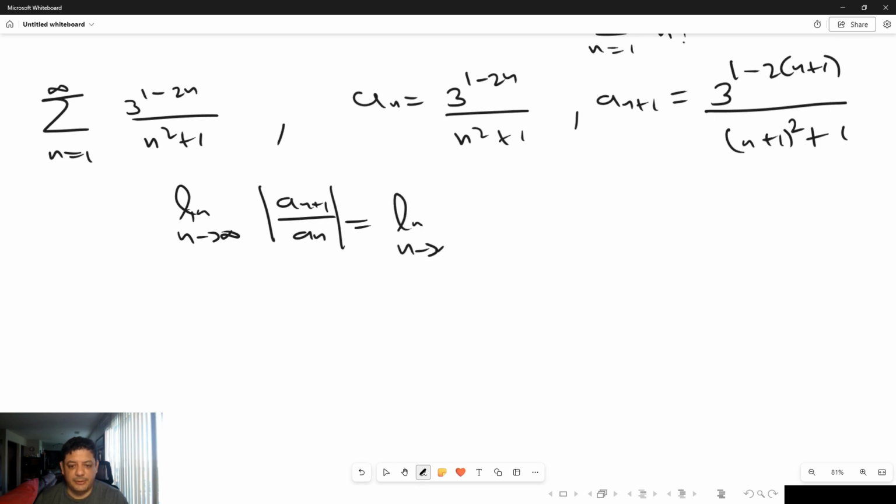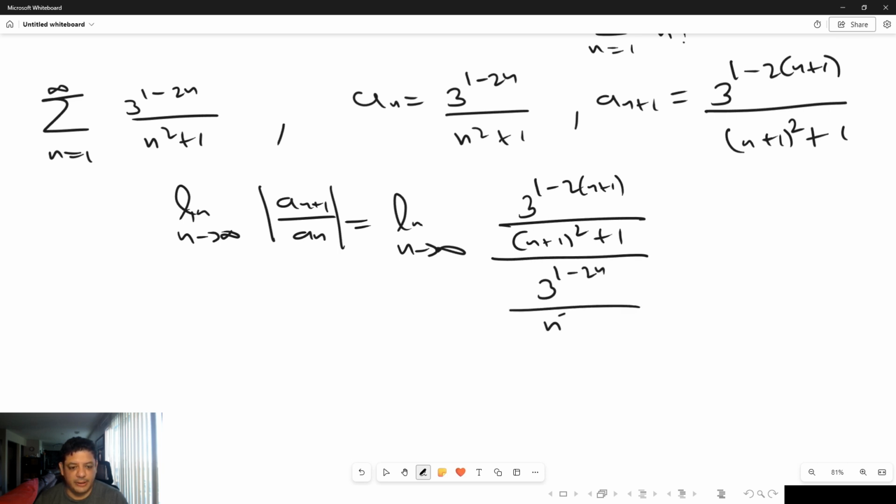So now this is the limit when n goes to infinity of 3 to the 1 minus 2(n+1) over (n+1) squared plus 1, over 3 to the 1 minus 2n over n squared plus 1. So this transforms into the limit when n goes to infinity, and same thing, multiplication of the extremes over multiplication of the middle.